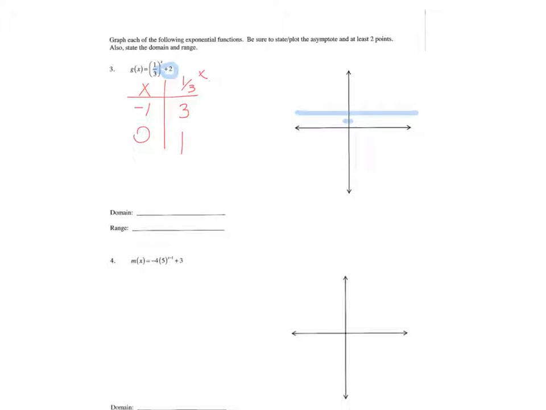graph, and then you have to make sure that you transform the points. Don't get caught up in the fact that the parent function doesn't give that to you. So the only change is going to be that we're going to add 2 to all of these points, making this 5, making this 3. So at -1 it's at 5, so 3 more marks. At 0 it's at 4.